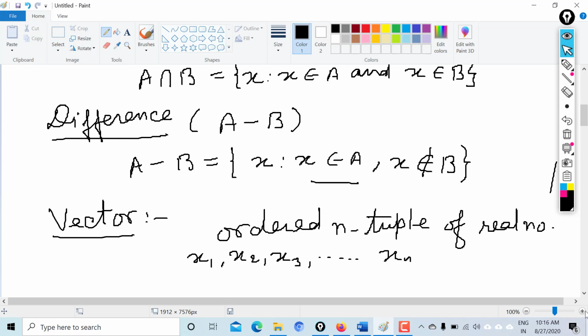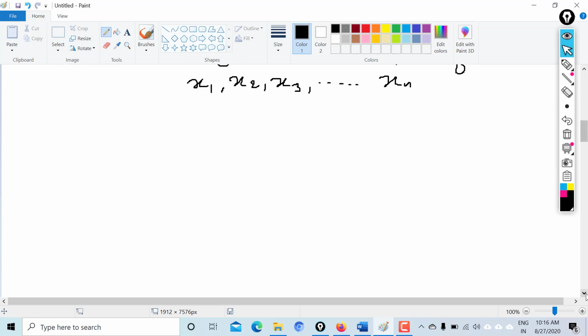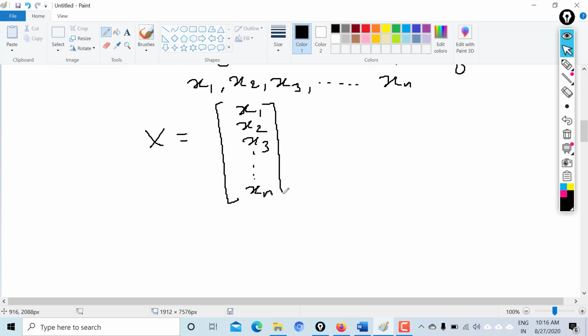So a vector X will be represented by a capital letter only, and it is like a column vector. All of x1 up to xn will be inside this column vector. In this way we can say that X is a vector.